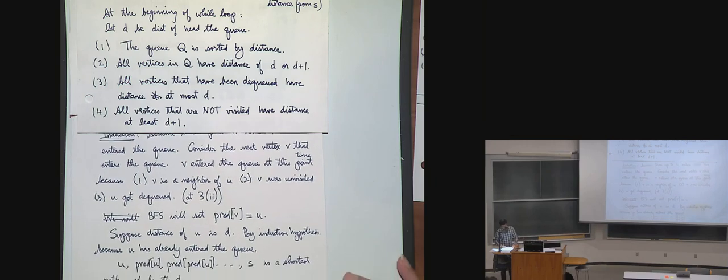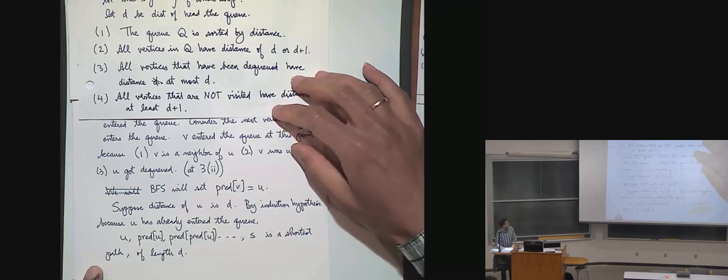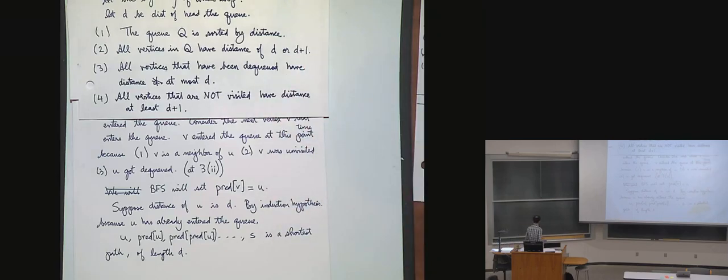See, what you need to show, okay, so maybe let me ask this question. Maybe I'll ask this. Get the post-its out. What is the distance of V? Is it D? Is it D plus 1? Or is it strictly less than D? Okay.